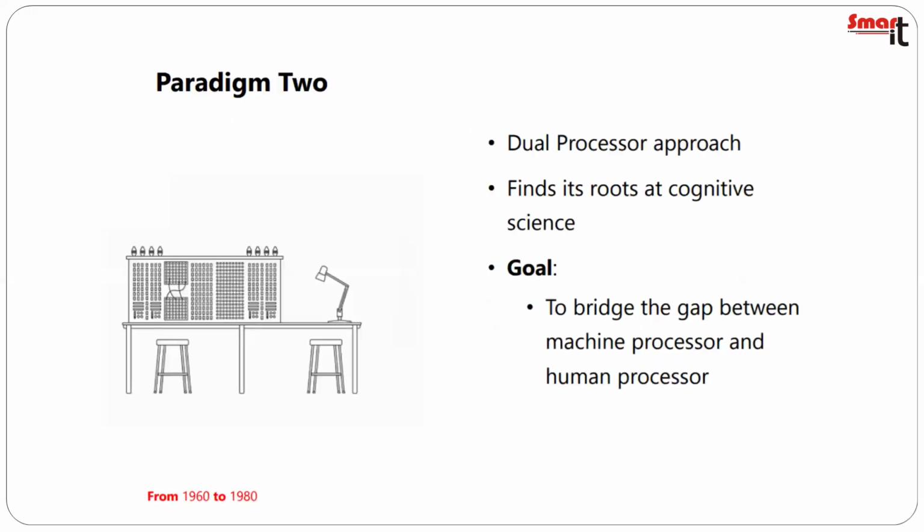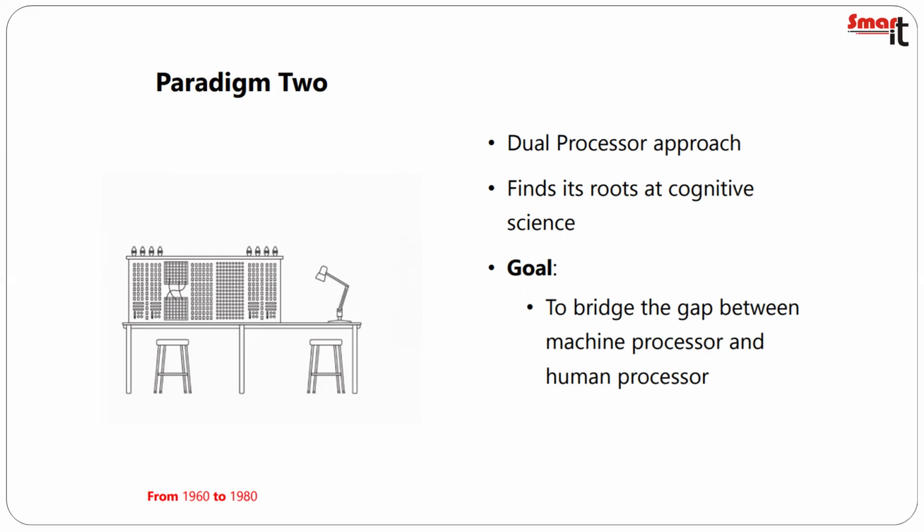Then paradigm 2 comes in the era from 1960 to 1980, the next stage of HCI. Here the goal was to bridge the gap between the machine processor and the human processor. Human processor means our brain, and the machine, to match and bridge the gap.